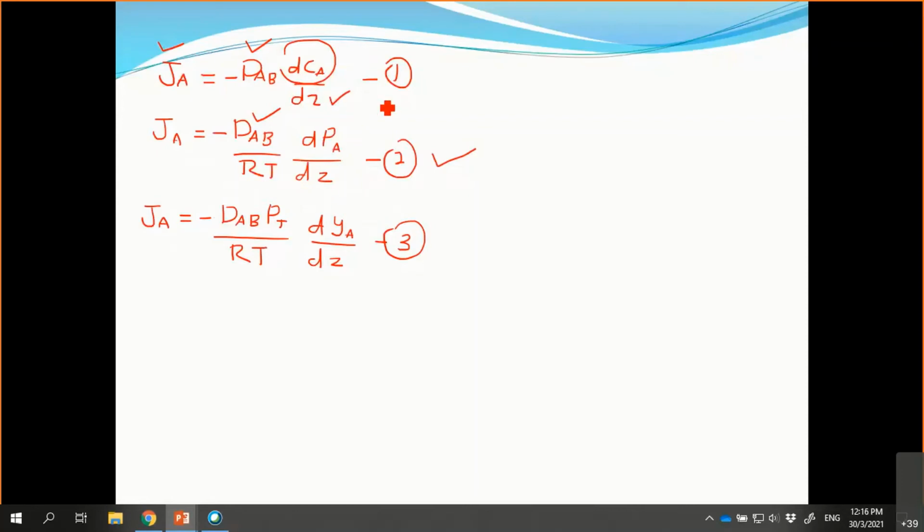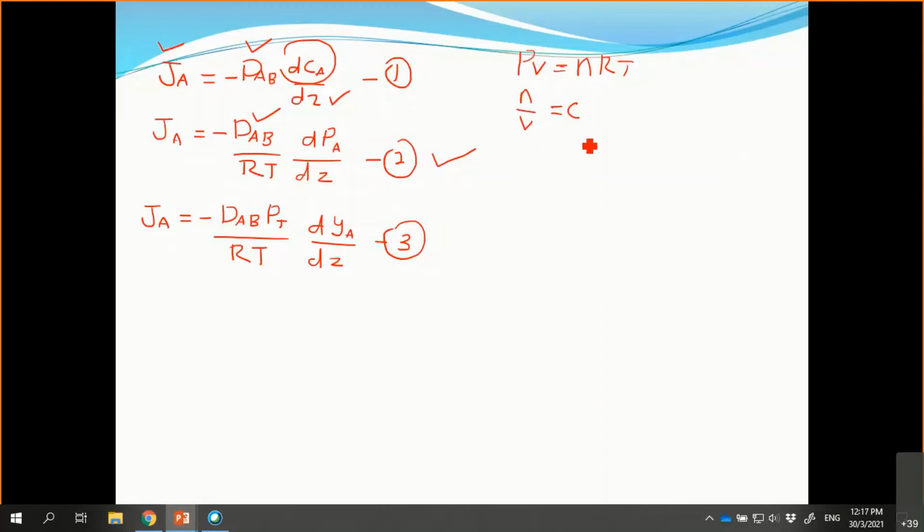But let's say you want to use option number 1. Then you have to somehow find the relationship between concentration and pressure. And we have already looked at that. We know that PV is equal to nRT, and n over V is actually your concentration.